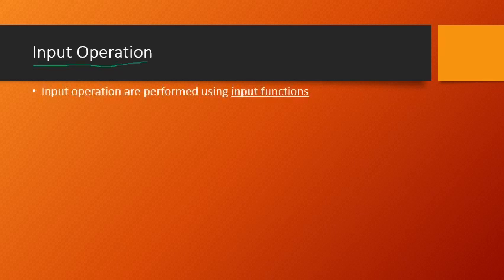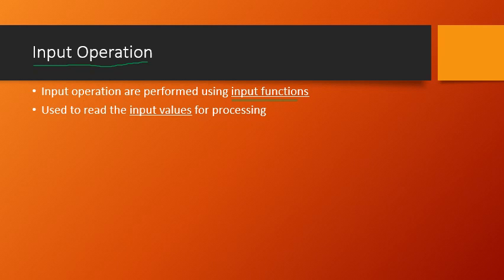Again, these input operations are performed using certain built-in functions called input functions. These are used to read the input values for the processing. If one wishes to enter or provide certain data to the program, then such values have to be given using the input functions.